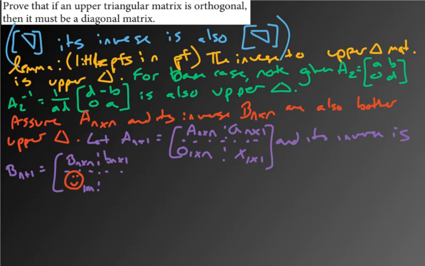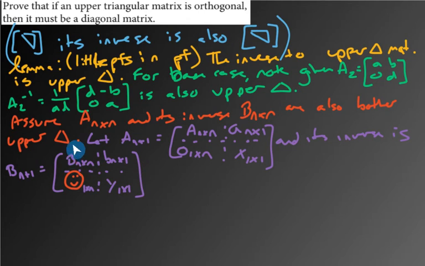So I'm not assuming B is upper triangular. I'm going to actually show that it has to be. So I'm letting this one be upper triangular, and its inverse be just an arbitrary matrix B, which we know has to have an inverse. And then this I'm just calling Y, and that's like a 1 by 1, just like a scalar, right?